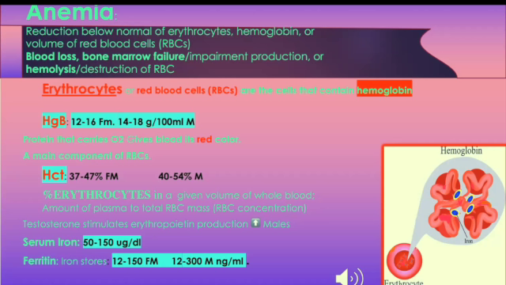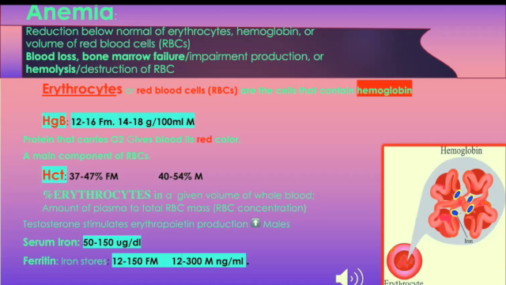It's actually a protein, and it carries the oxygen, and that's what gives the red color to blood, and that's why arterial blood has a brighter red color versus venous blood, which is a darker red. It's also important to remember that hemoglobin is a main component of red blood cells.